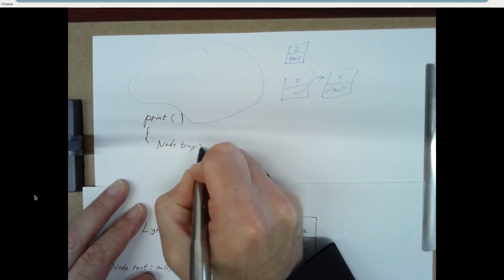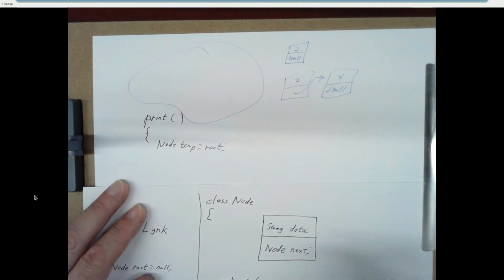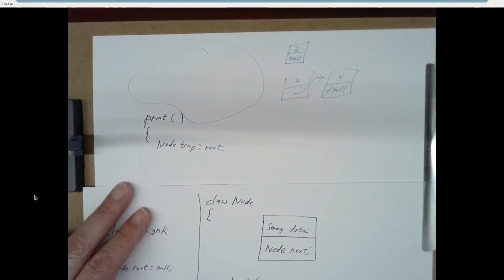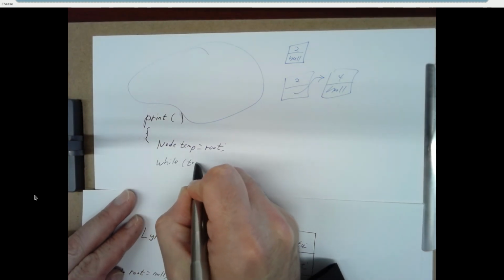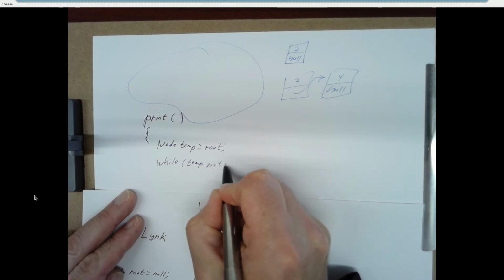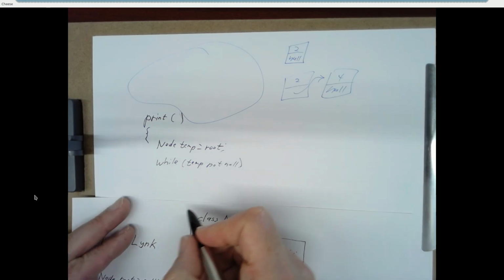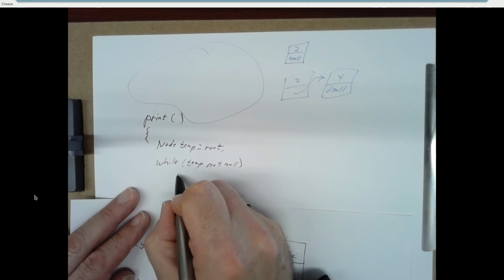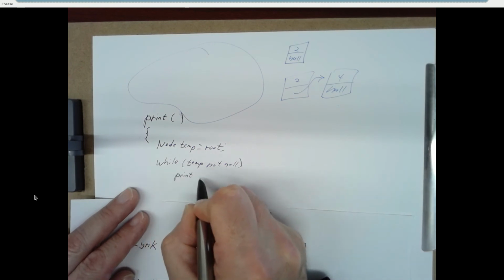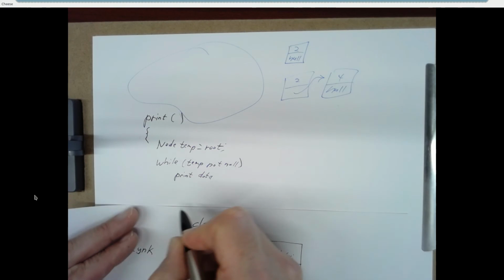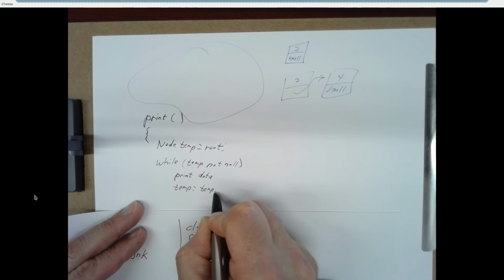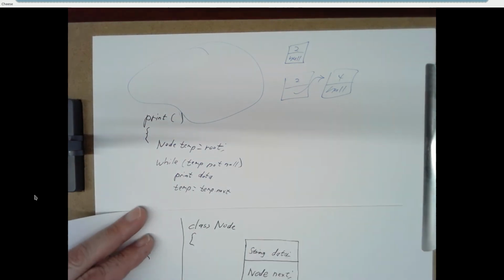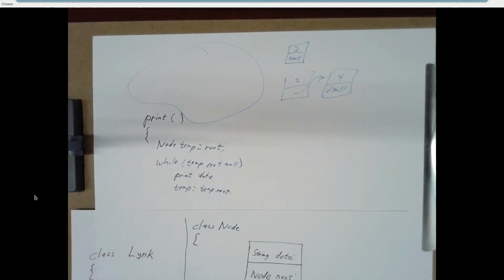Would this still be in your link class? This is still in the link class. So I'll set temp to the root. And I'm switching to pseudocode here. So while temp's not null, print out its data and then set temp equal to the next node.